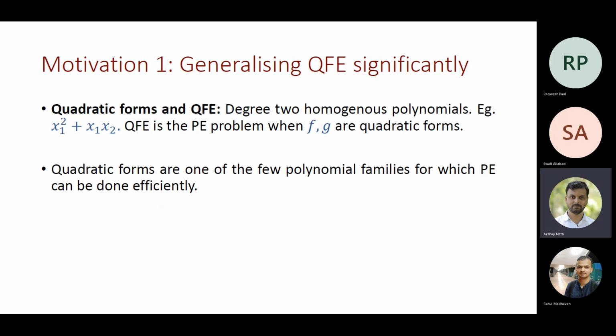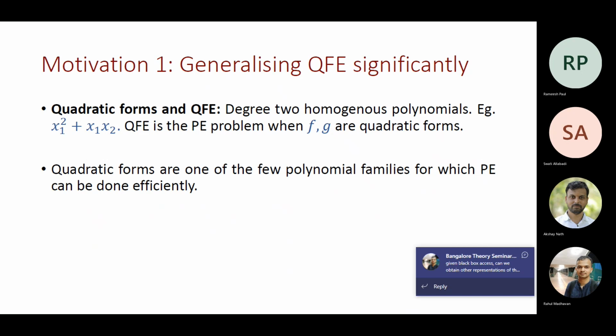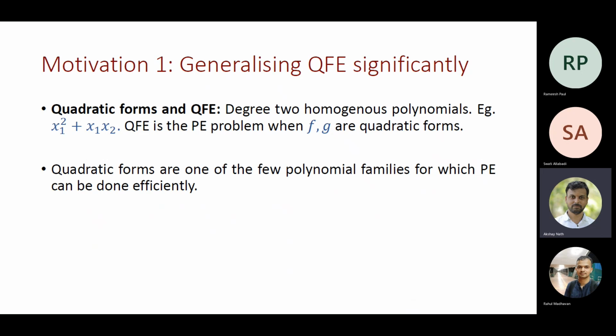Let me first define what quadratic forms are. Okay, so Rahul is asking, given black box access, can we obtain other representations of the polynomial? Well, let's say you want the representation as a list of coefficients.